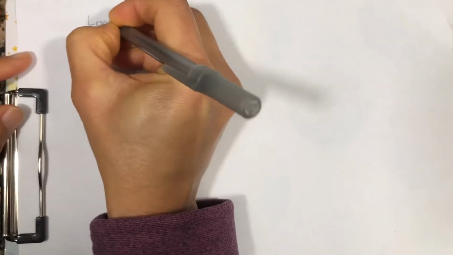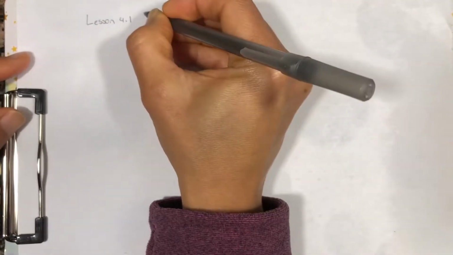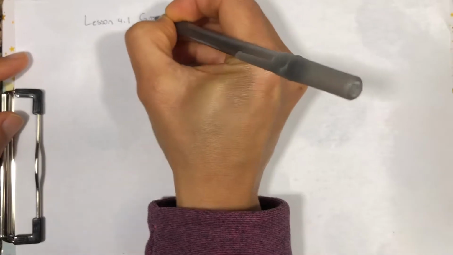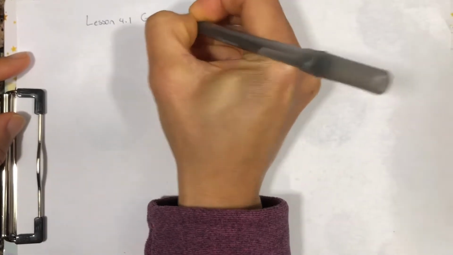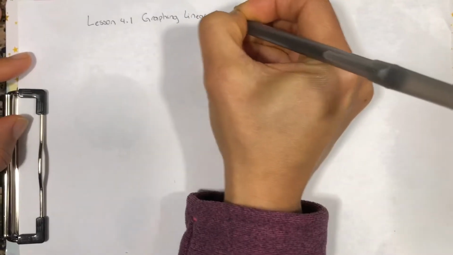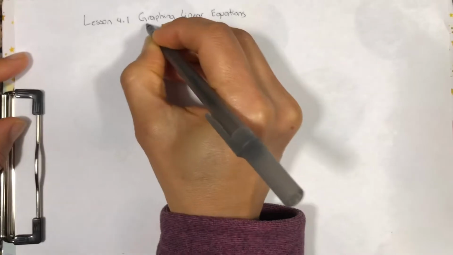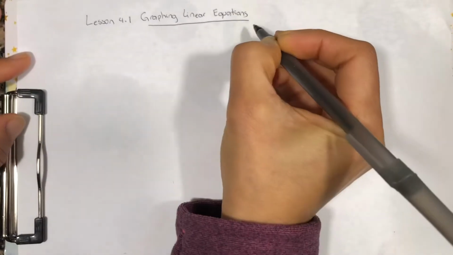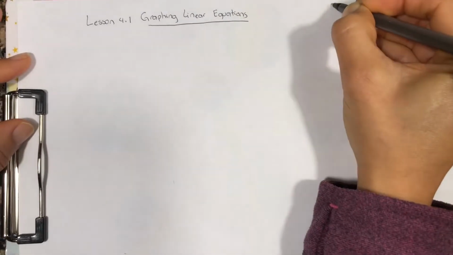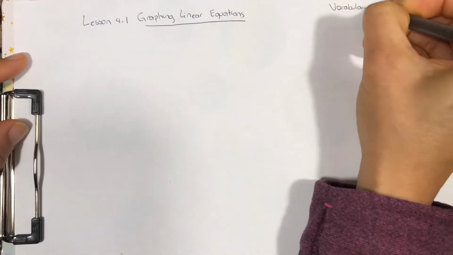Lesson 4.1. We're in a new chapter, right? Graphing linear equations. Now, this type of equation has more than one answer. They have one constant, right here in vocabulary.